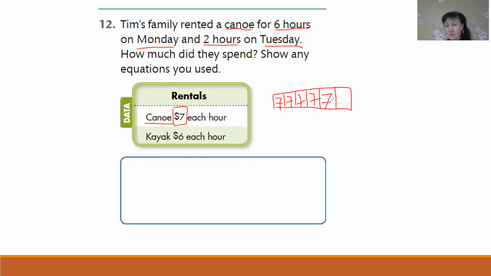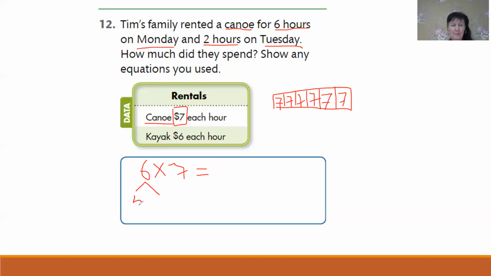If you don't want to draw a picture, you may not, but you need to understand that we are going to write the equation 6 times 7, because 6 hours, 7 dollars, and solve that problem. Here, show me, please, breaking apart any number, 6 or 7.